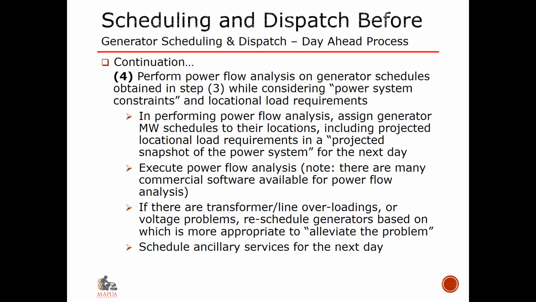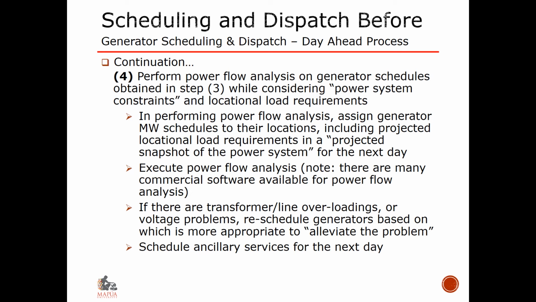Now, there's a lot of software that is being used, so the system planner will execute the power flow analysis. If there are transformer or line overloadings or voltage problems, the planner now has to determine which generators affect those overloadings.